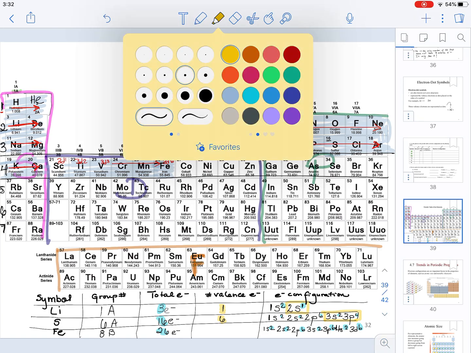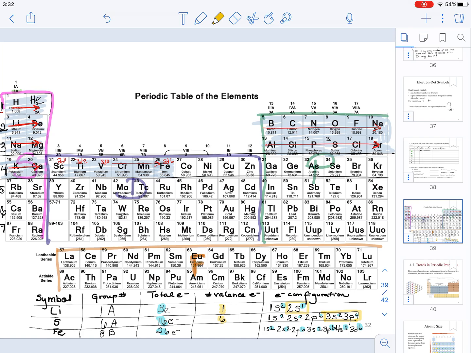We're going to look at the highest period number or shell number that we have. In this case, it's going to be 4s, and there's only 2 electrons. So for iron, there's only 2 valence electrons present. Again, it's because the highest shell number has to be considered and then all the electrons that live there.